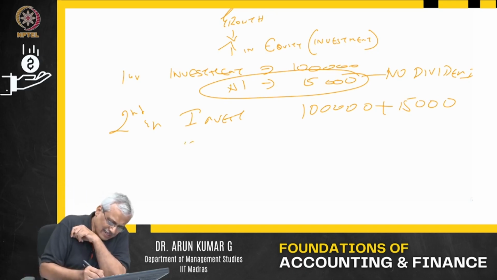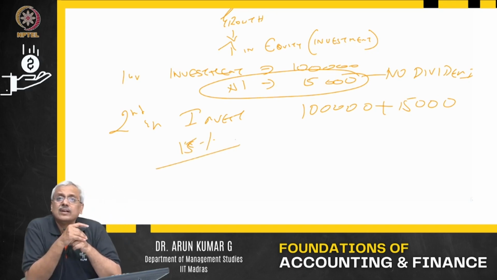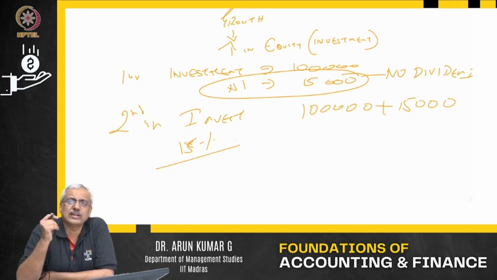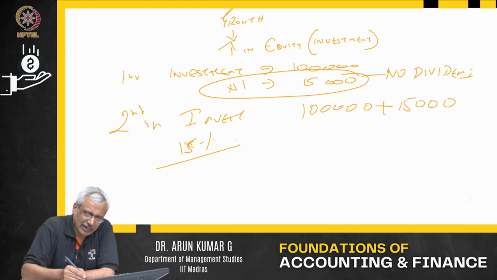Imagine I earn the same 15% return on my investment. Then what is going to be my net income in the second year? It is going to be 15,000 on this plus 2,250.